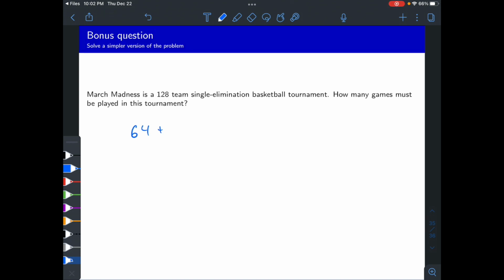Then you divide those 64 teams into groups of two to play 32 games. And then that'll cut the total down to 32 teams. Do that again, plus 16 games, and then another 8 games, another 4 games, another 2 games, and then one more game for the final.